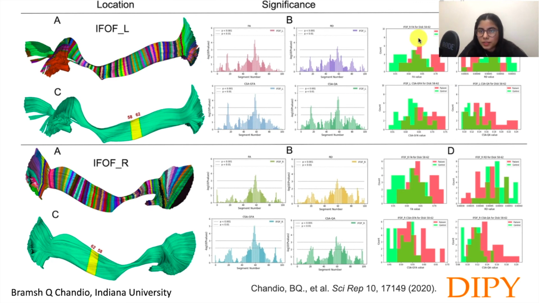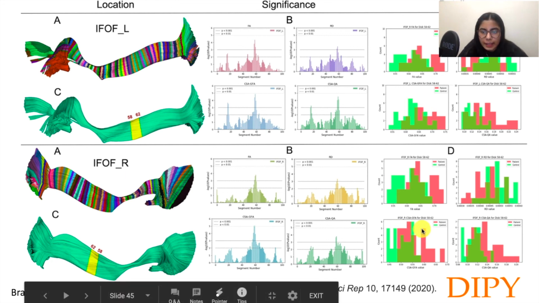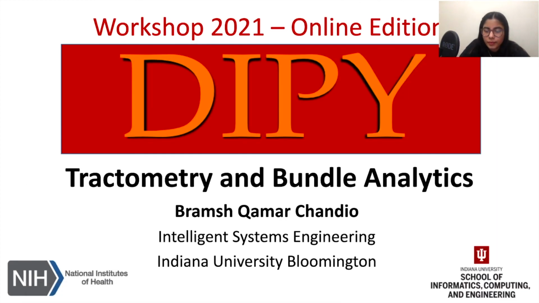This makes sense because this is fractional anisotropy and generalized fractional anisotropy. They should have a similar trend. And we again observe the same trend for FOF right. So I'll stop here, and in the next part I'll talk about bundle shape similarity.